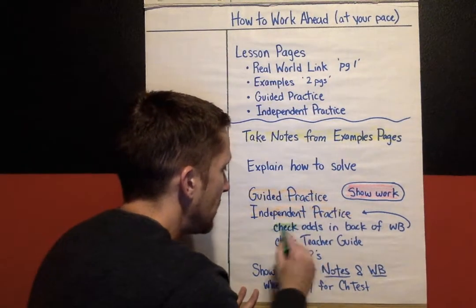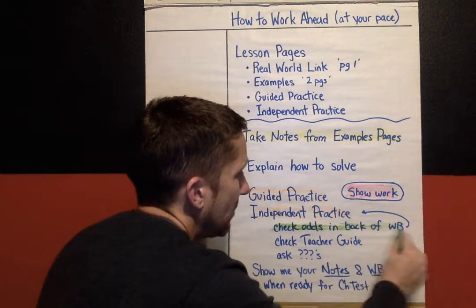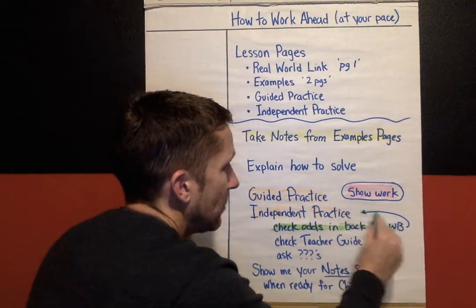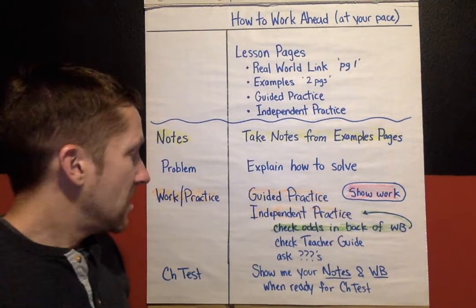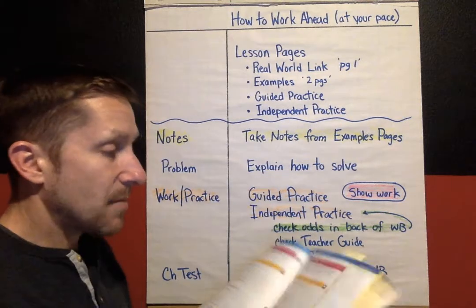Remember that you can check the odd number problems in the back of your workbook for the guided practice questions. Or I'm sorry, I said that wrong. For the independent practice questions, you can check in the back of your book.